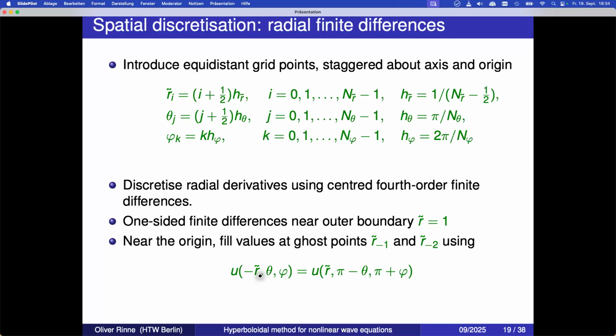So if I want to know the value at minus r tilde, I just need to read it off for the positive value of r tilde at these angles. Then I have ghost points at negative values of r tilde, and I can just use the standard centered fourth-order finite differences, including points which are very close to the origin.